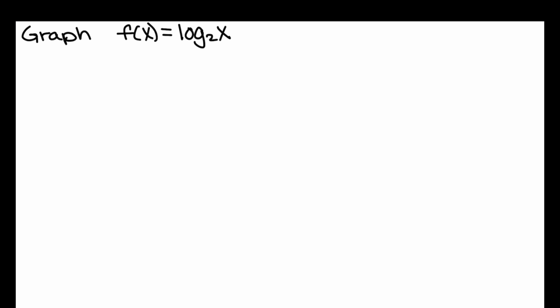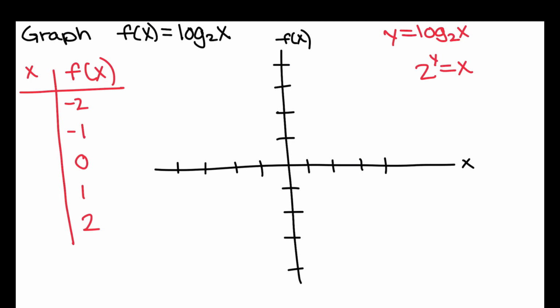All right, let's consider now the graph of log base 2 of x. We actually graphed this at the very beginning of the video, but let's draw that graph again. The way to get that graph, I think the easiest way is to think about the exponential form. So y equals log base 2 of x means base is 2, 2 to the y equals x.